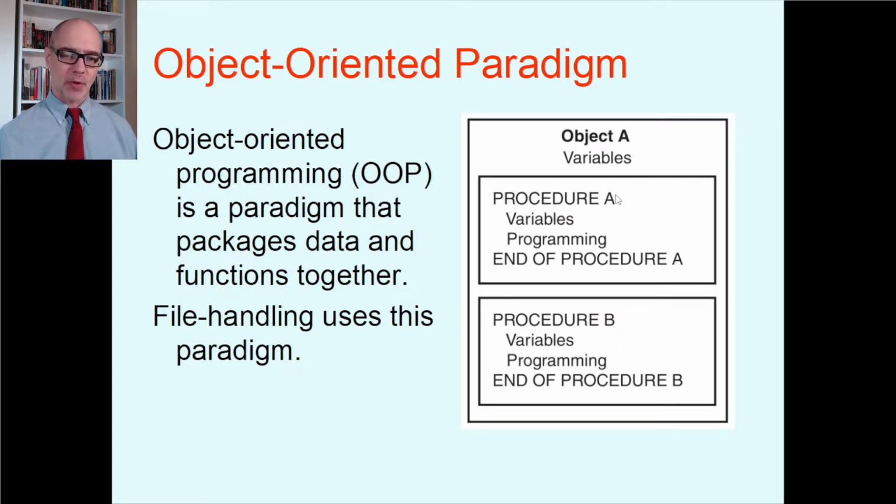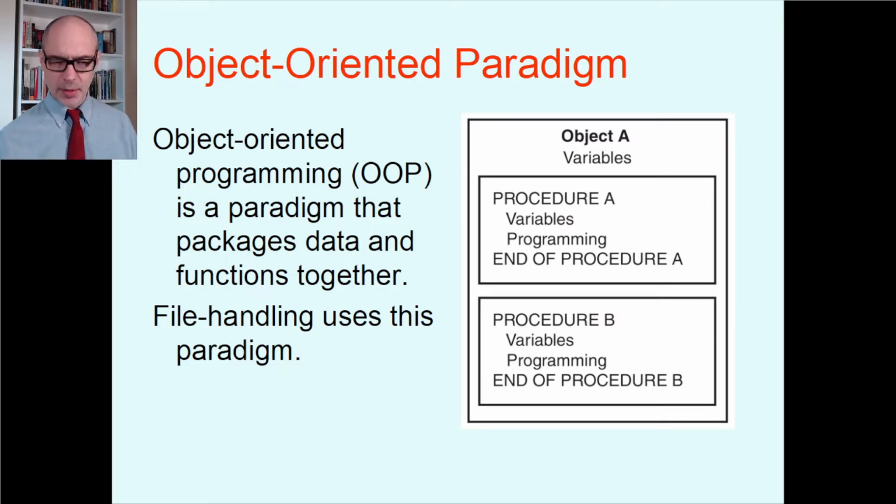And then it also has some functions: you got to open the file, you got to read to the file or write to the file, you got to close the file, and those will all be functions contained in a particular file object from the perspective of C++ programming.